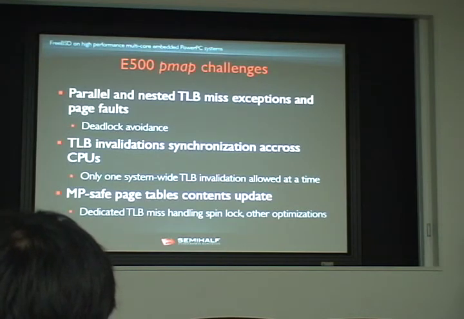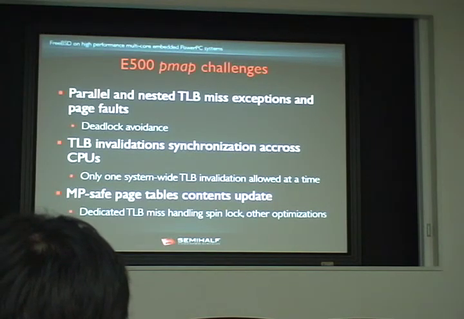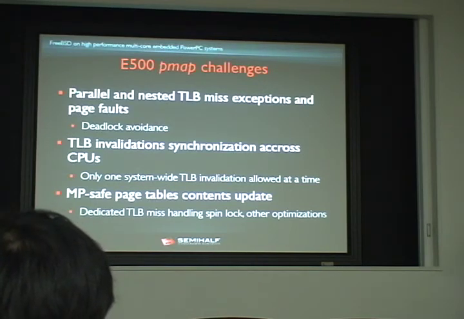So we had to add an explicit spin lock for this purpose in order to satisfy this requirement and things like that. Also, the overall logic of page table management was changed and optimized so we could better fit multi-processor support.